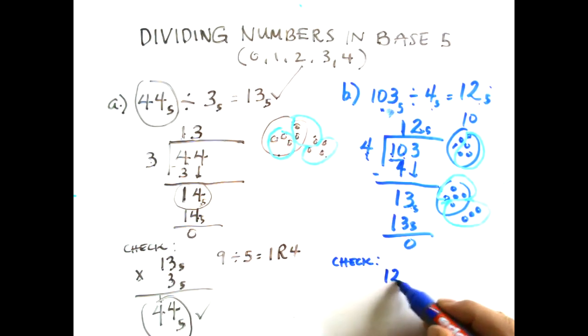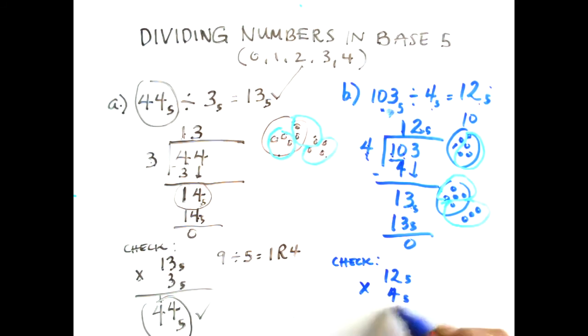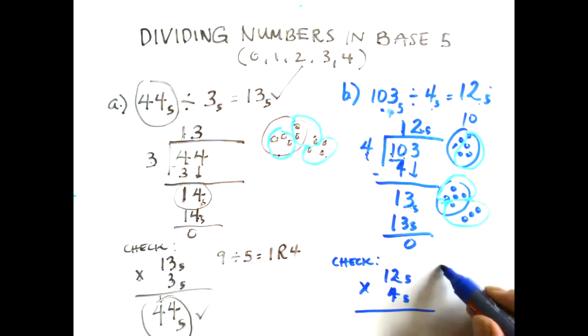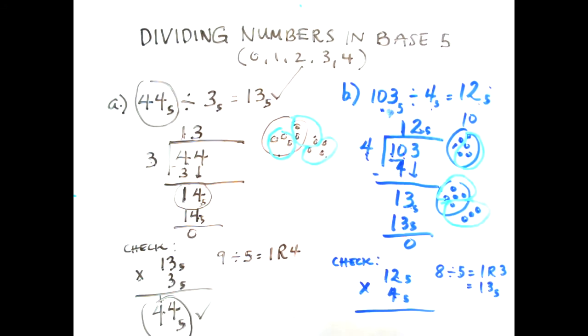So 12 in base 5 times 4. 2 times 4 is 8. How do you write that in base 5? How many 5s go into 8: 1 remainder 3, which is really 1 3 in base 5.